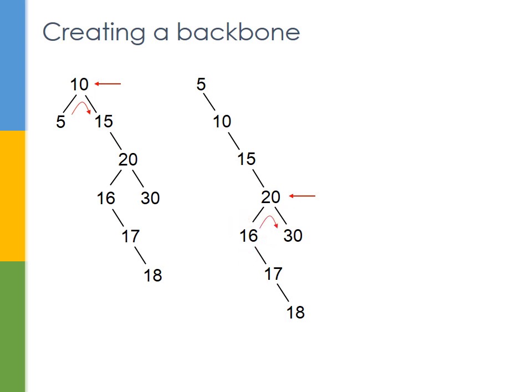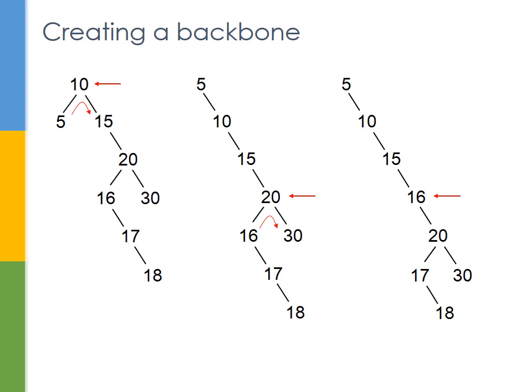So this means we need to perform a right rotation of the left child, 16, about its parent, 20. This is the result of that rotation. We can see that 16 has rotated up into the parent position. The old parent, which was 20, becomes the right child of the node that has rotated up.